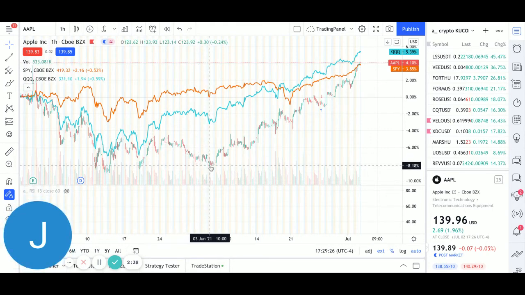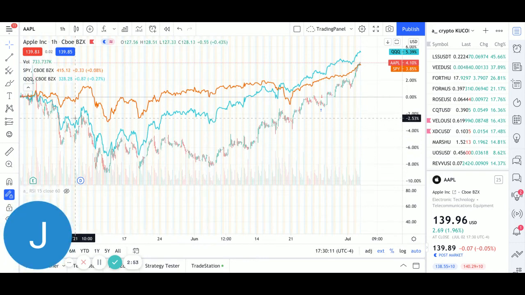For example, you could start from this point and calculate it to here. So in that case, it seems the rate of change of the Apple stock would probably beat the other two from this exact point. But you can see if you go further back, the rate of change of the indexes actually beats the Apple stock.